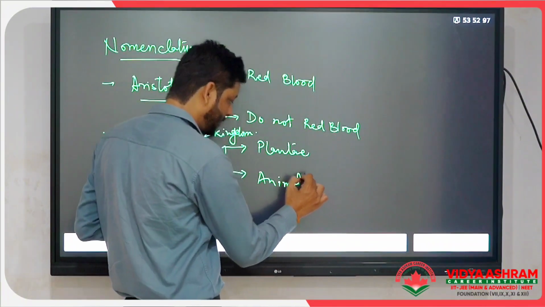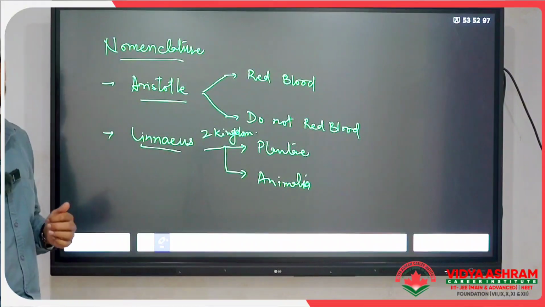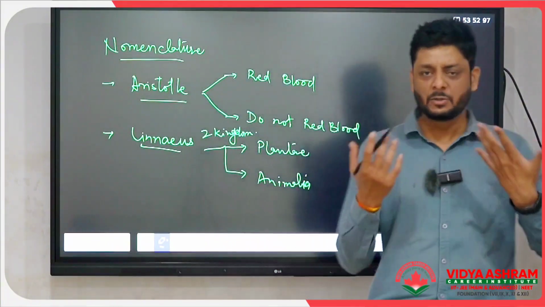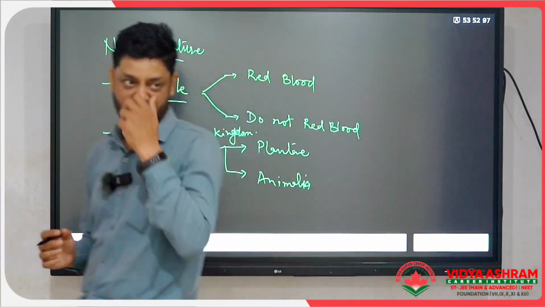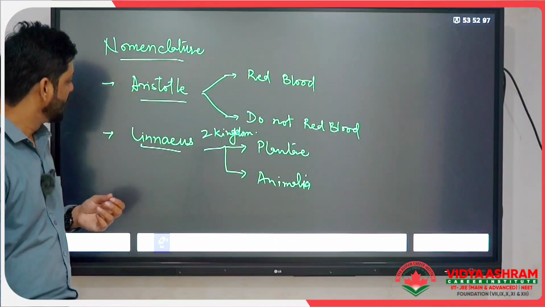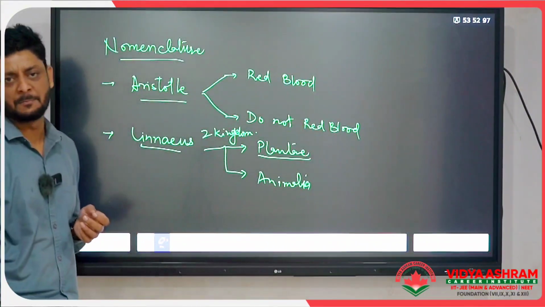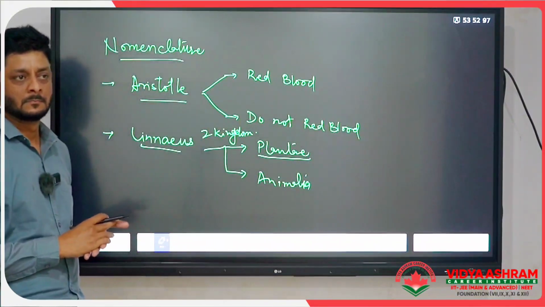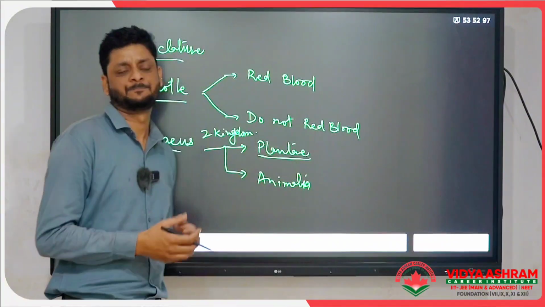The two kingdom classification was proposed by Carolus Linnaeus. There is a lot of confusion when they do these types of divisions. Why? Many of the organisms are categorized under the kingdom Plantae, but they show different characters. So it is difficult to remember and difficult to study them all.